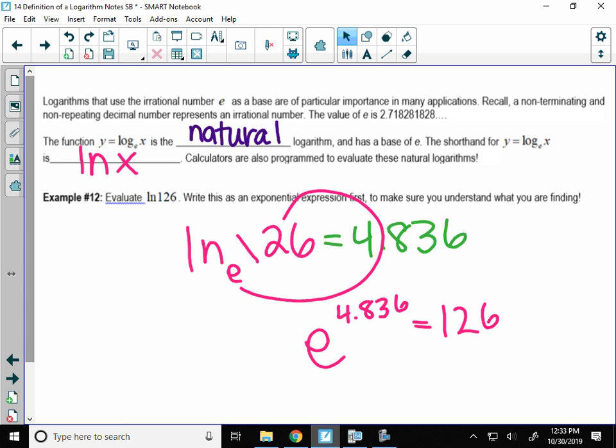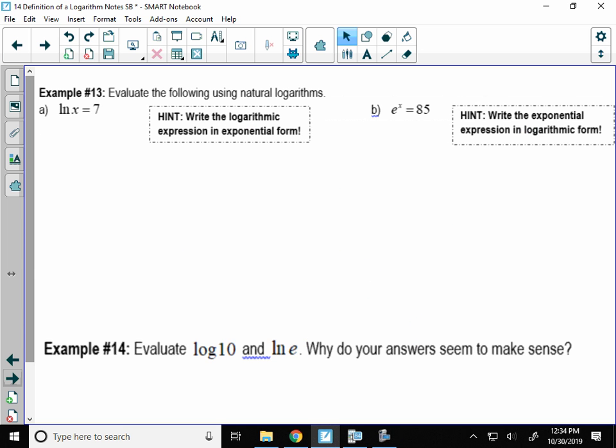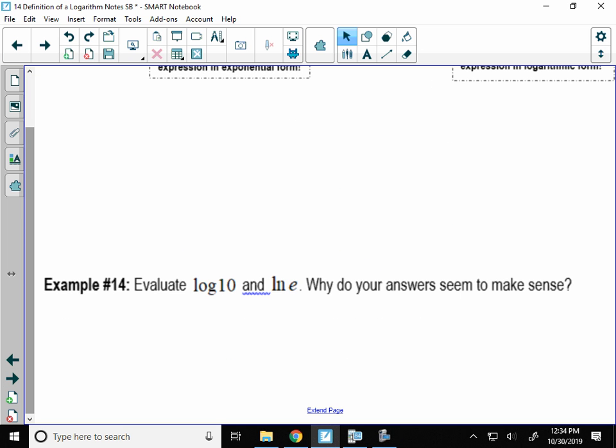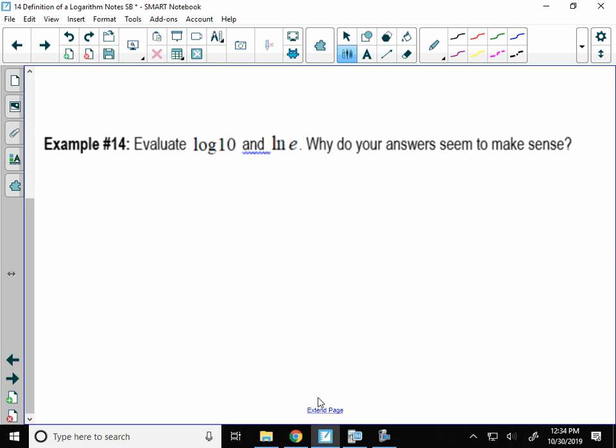All right, now, I'm going to skip this example 13. Let's do example 14 here real quick. Evaluate log of 10 and natural log of e. In your calculator, can you type in log of 10? What do you get? 1. Can you type in natural log of e?